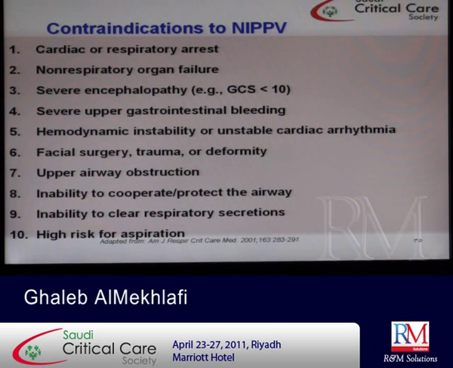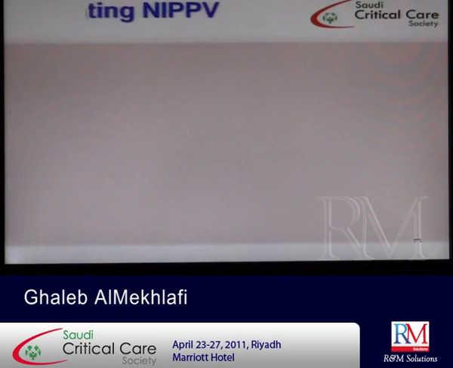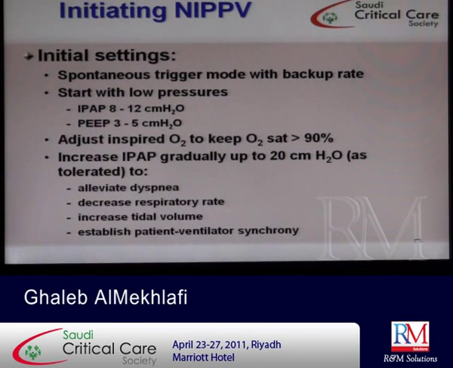How do we use it? How do we initiate non-invasive positive pressure ventilation? The initial setting includes spontaneous trigger mode with backup rate. Actually, the new ventilators also have modes to apply BiPAP. So you start with low pressure: IPAP, which is the pressure support of 8 to 12, and an EPAP of 3 to 5 centimeters H2O, and then adjust FiO2 to keep O2 saturation of more than 90, or to correct the hypoxemia.